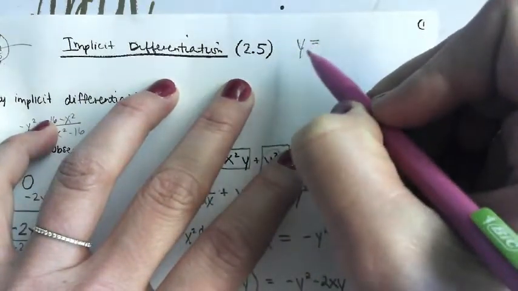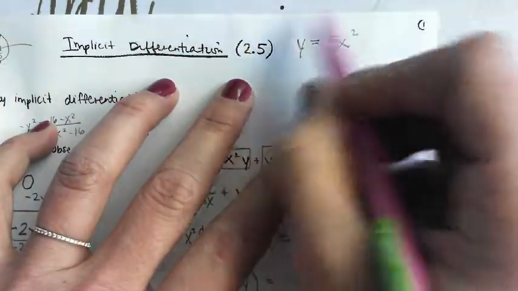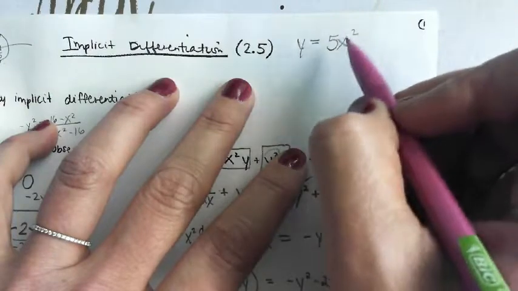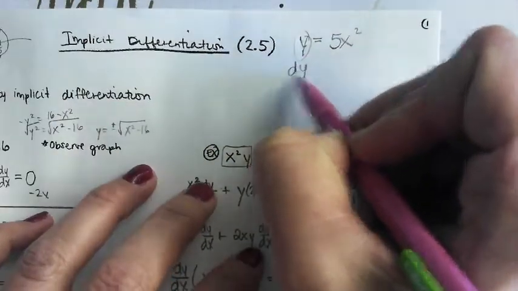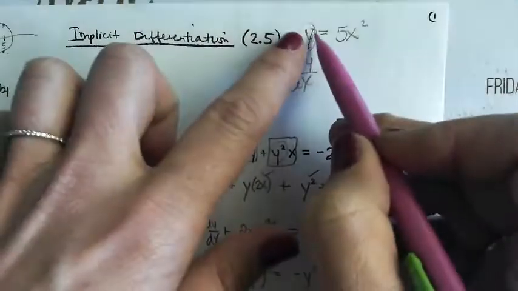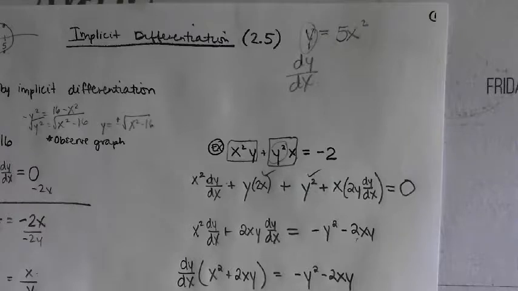We technically were doing it, but we had like y equals 5x squared. So we were taking the derivative of y with respect to x. So this derivative, we wrote y prime, but that was also dy dx. We were technically taking the derivative of y with respect to x and getting dy dx, and it was already by itself. Do you follow?